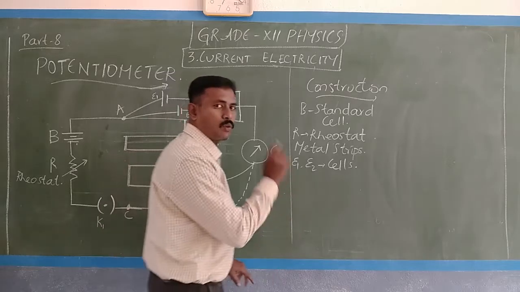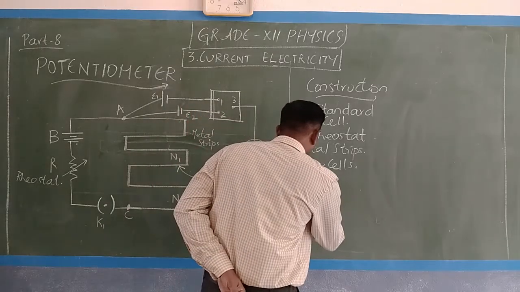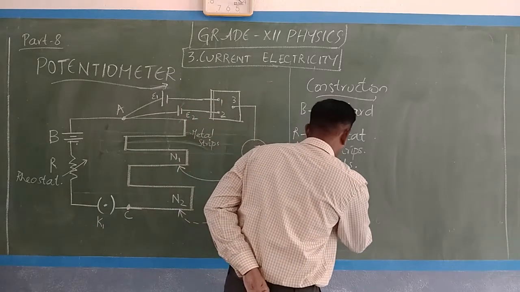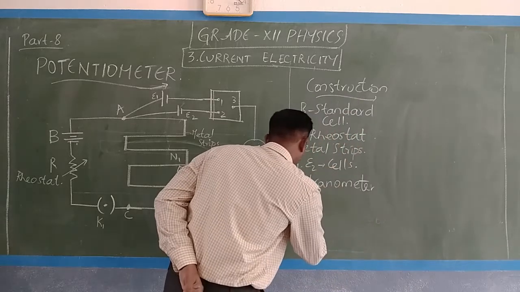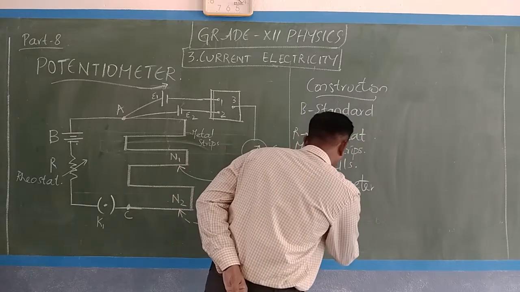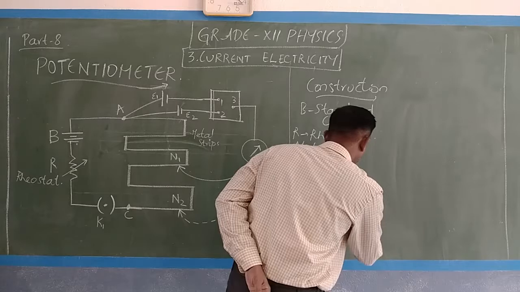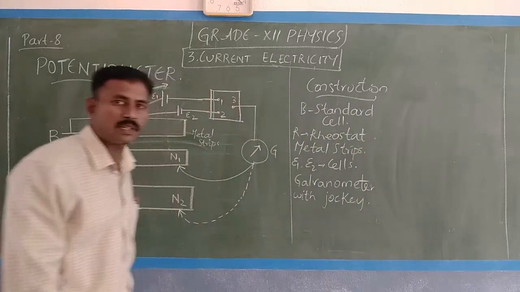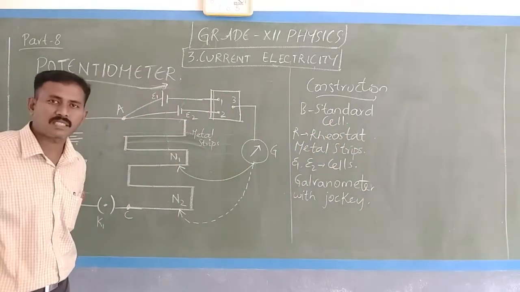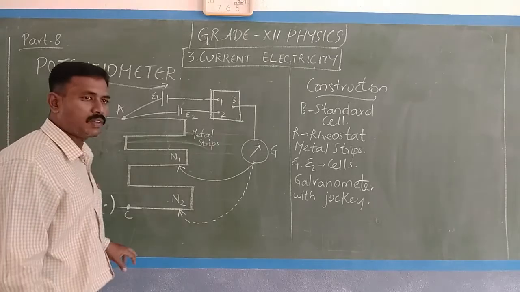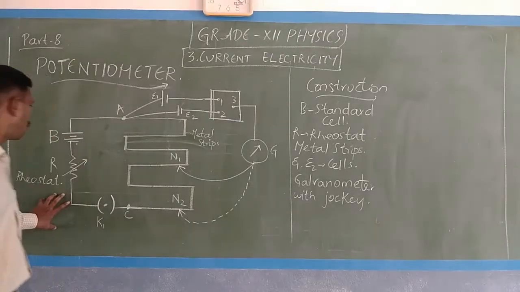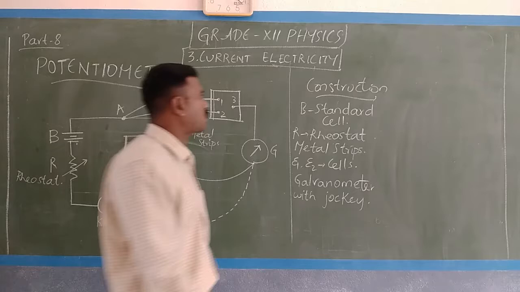Then a galvanometer, we have a galvanometer with a jockey. So the jockey is used to slide over the wire as previously described in the meter bridge. Clear? And here we have a key. And now I will start with the discussion here.